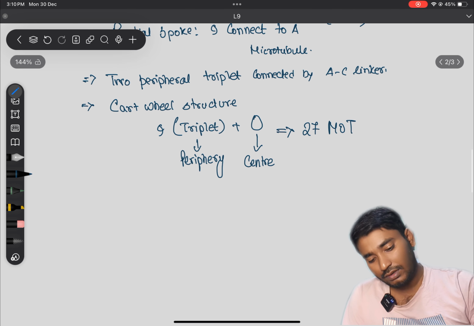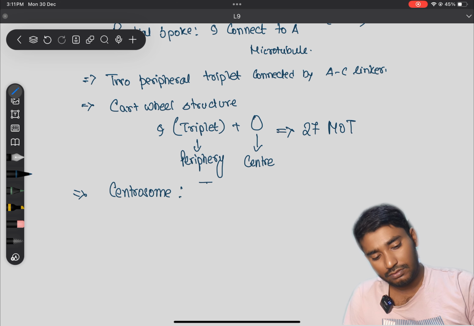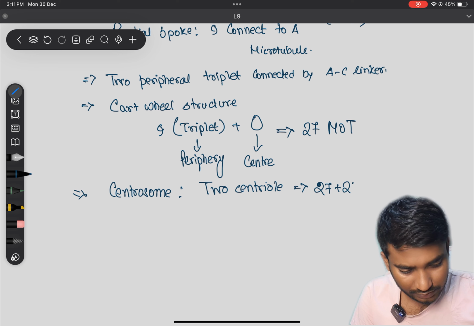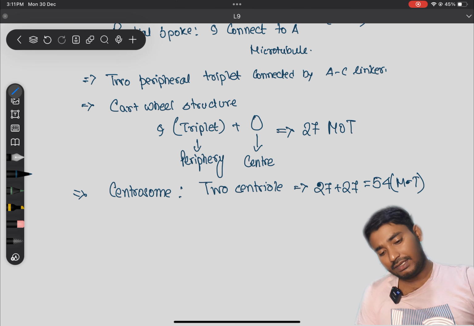Note: centrosome, 2 centrioles is 27 plus 27 equals 54 MT. MT is microtubule.